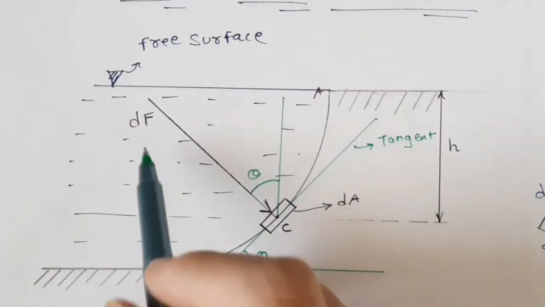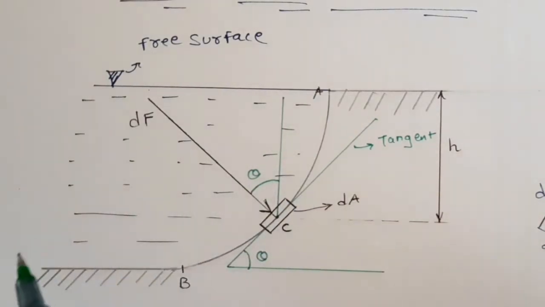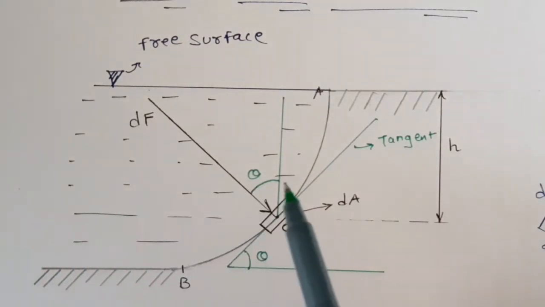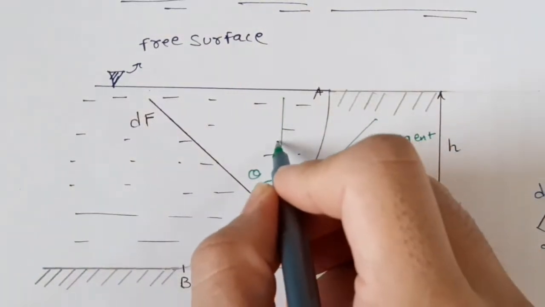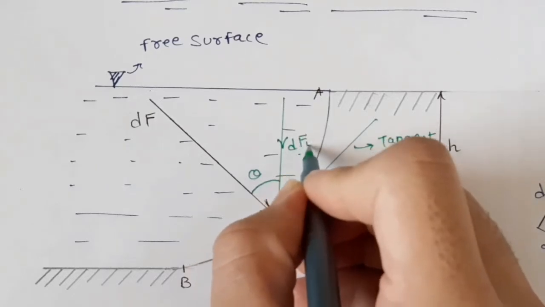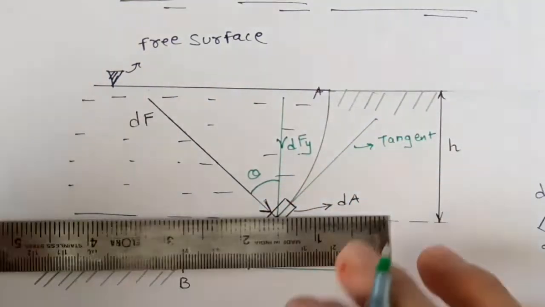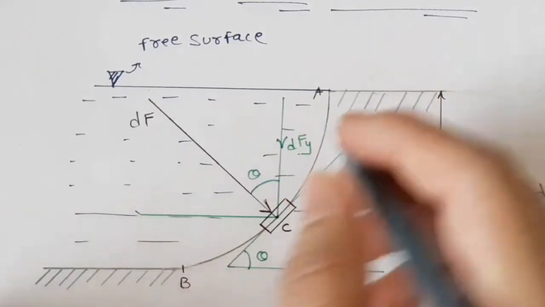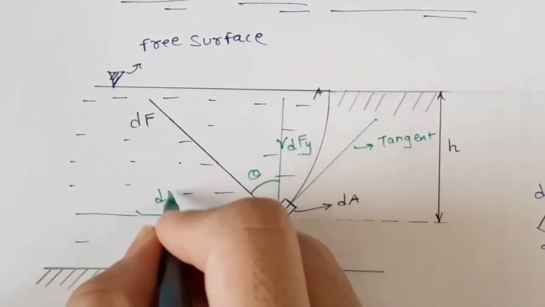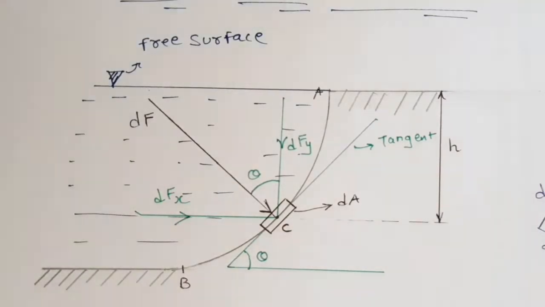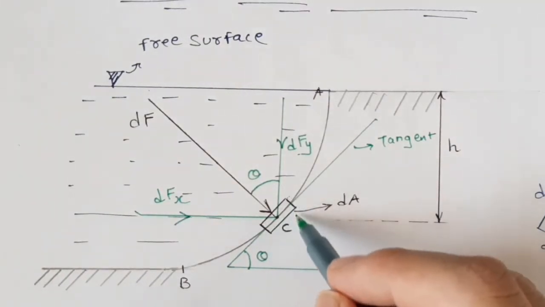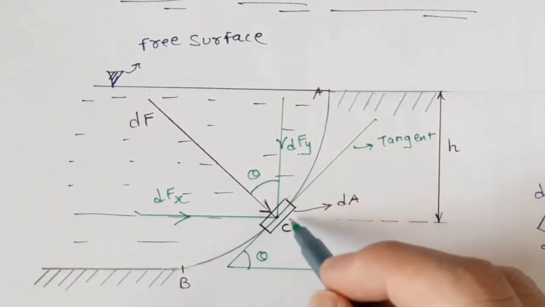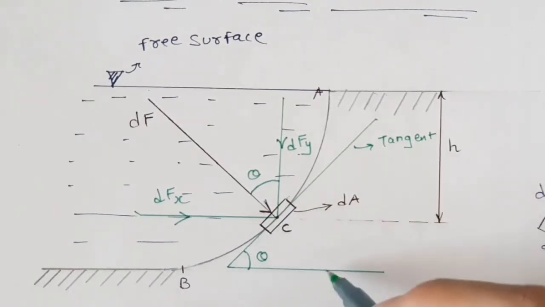Now this dF can be resolved into two components: first along the vertical direction, that is dFy, and second along the horizontal direction, which is dFx. We can say this elemental area will make an angle theta with the horizontal.